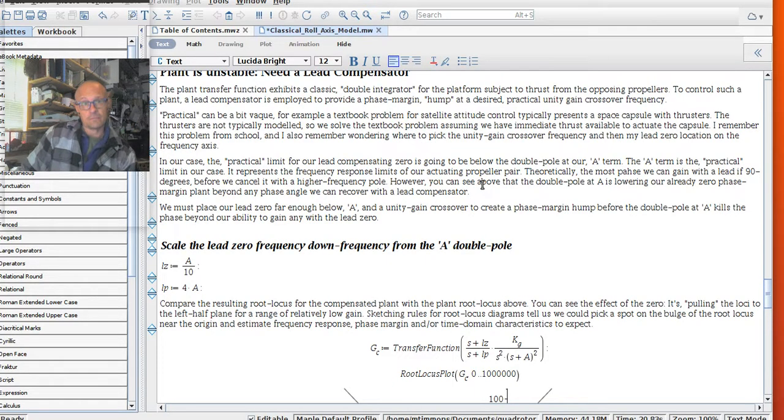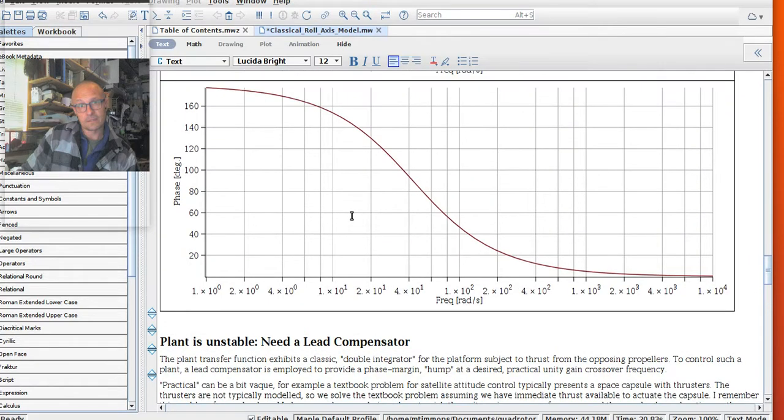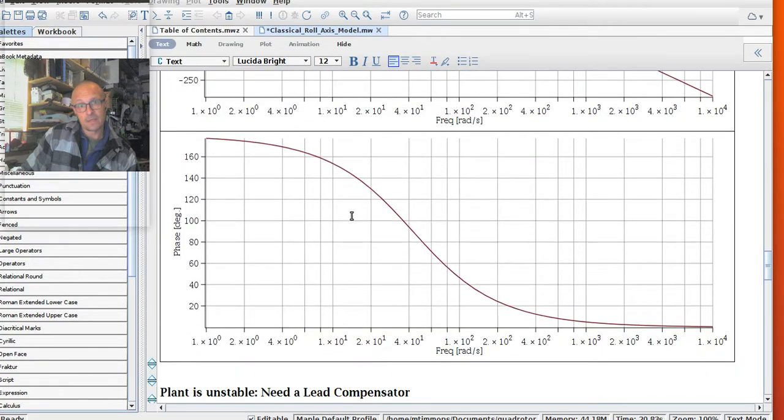So to get started, when I look at this, I realize that we have that double A pole out here at roughly 40 radians per second.